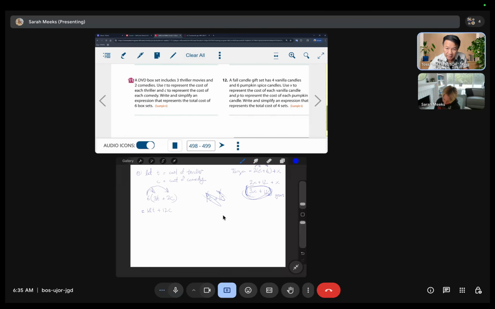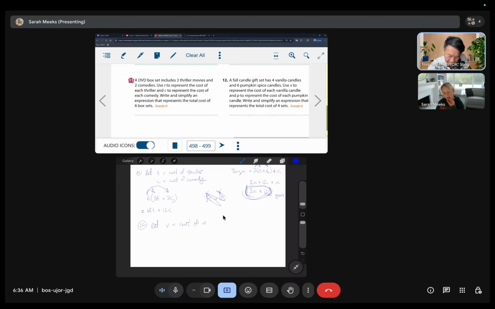You wanna try it for number 12, similar to number 11? Yeah, I think it would be, wait, sorry. Let's do the defining first. Let V equal the cost for a vanilla candle.